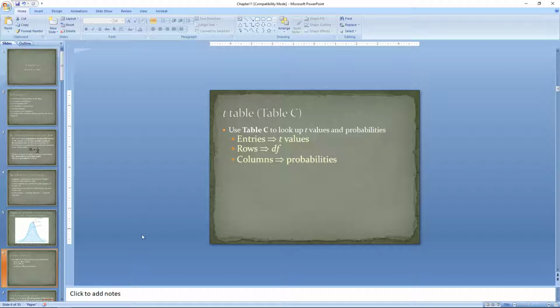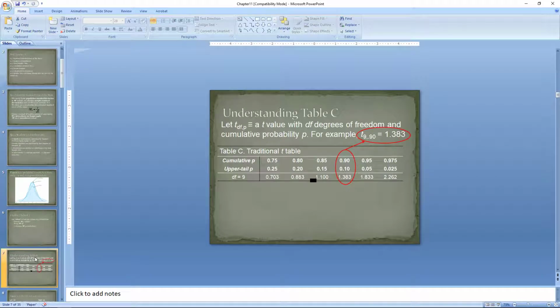So let's go back and understand the t-table. Just like when we had our z percentiles, you'll see times when we have to find a value with the t-table, noted as t with df comma p, so the degrees of freedom comma the cumulative probability.